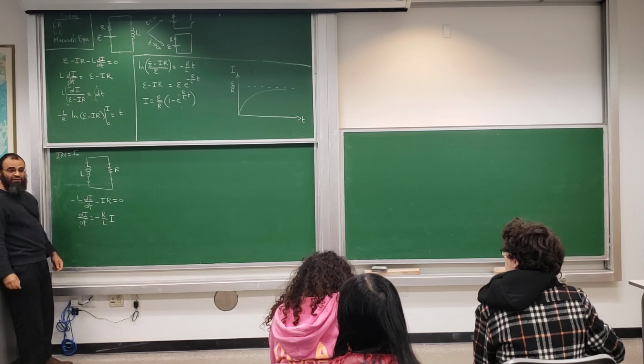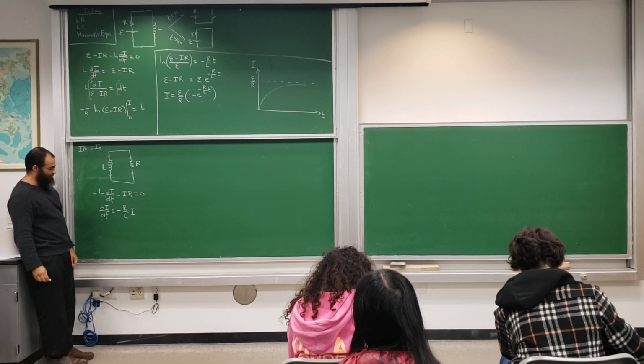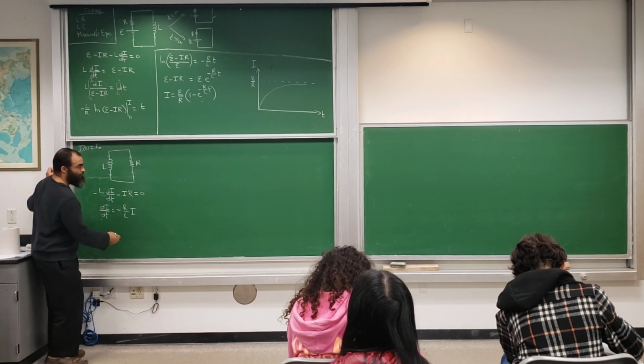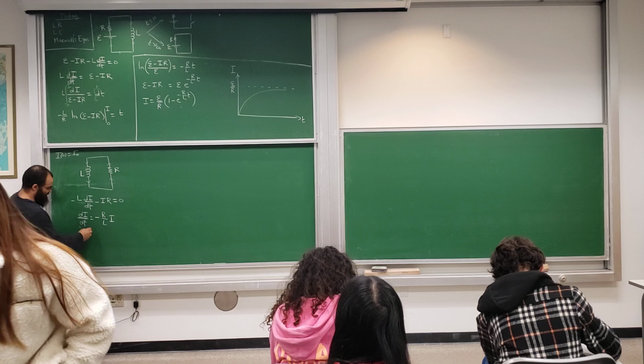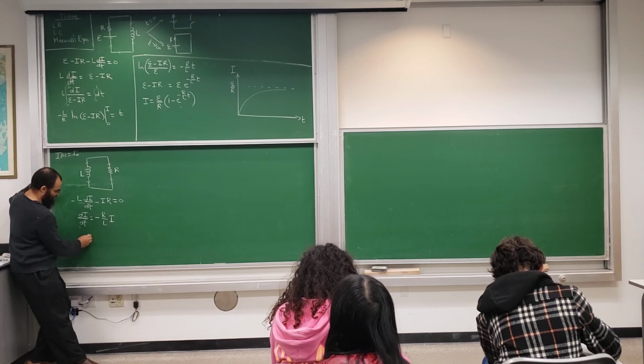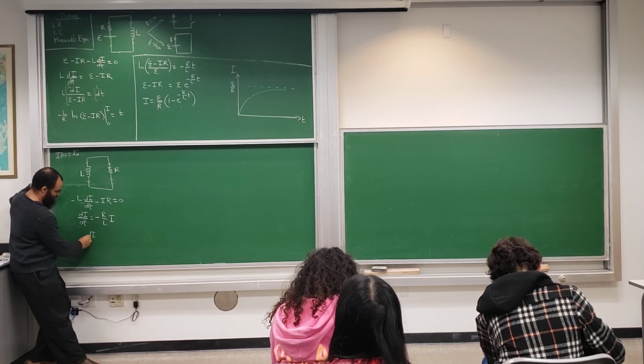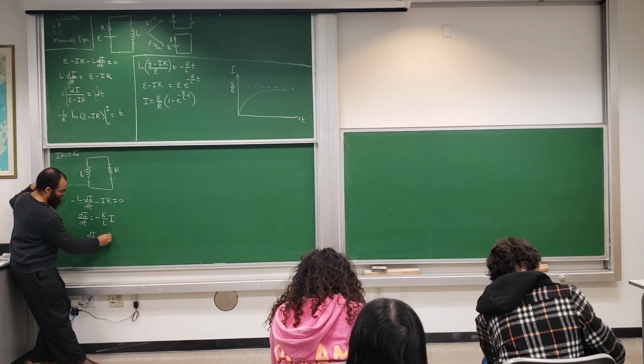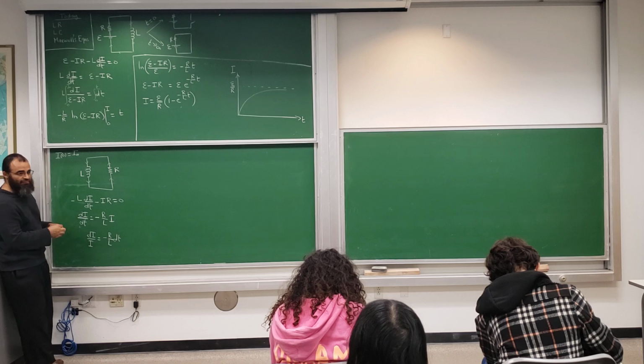Next we'll divide. So I have dI over I equals minus R over L times dt, and then we integrate.